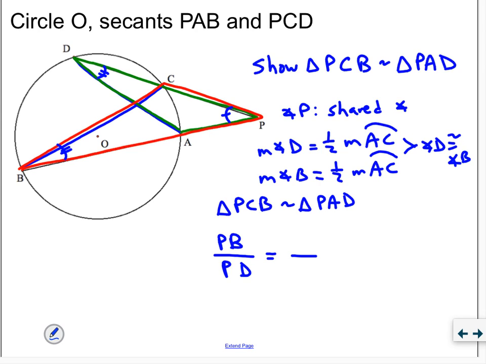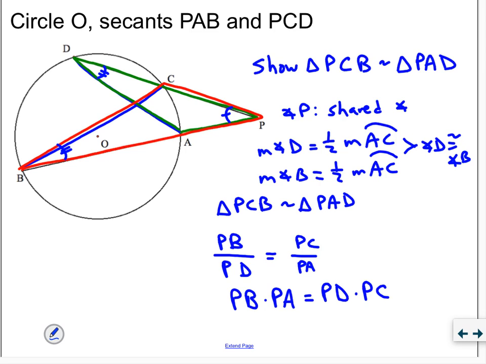In my red triangle, the shortest side looks like PC. And in the green one, PA. And as we did before, a little cross multiplication. PB times PA equals PD times PC. And that's our third conjecture of the day.